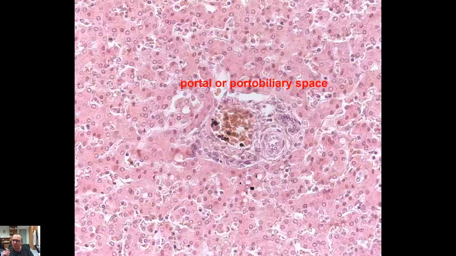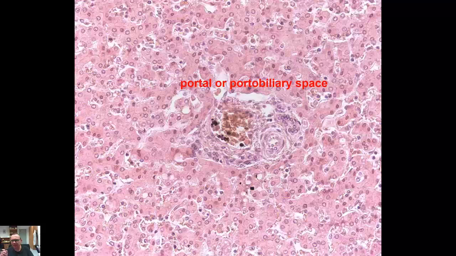The portal, or also portobiliary space, is the only area in the liver where there is some loose connective tissue, and as I already said, you can usually find three structures here: artery, vein, and bile duct.